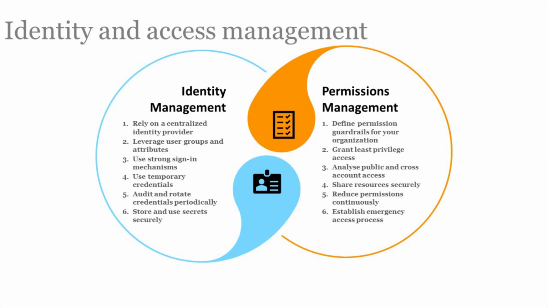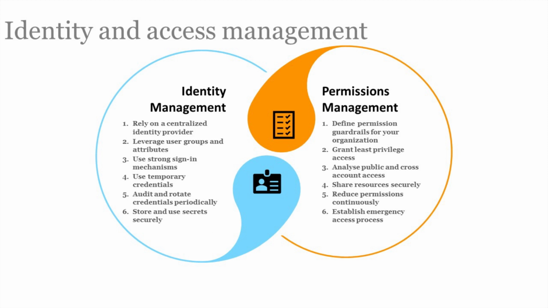Store and use secrets securely. All credentials which are non-IAM related, such as databases, should not be stored as plain text or environment variables, but rather you should make use of AWS Secrets Manager to store the passwords. You should also configure IAM restrictions to allow only certain users to be able to use the secrets.